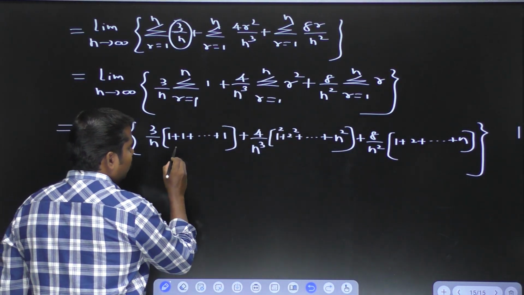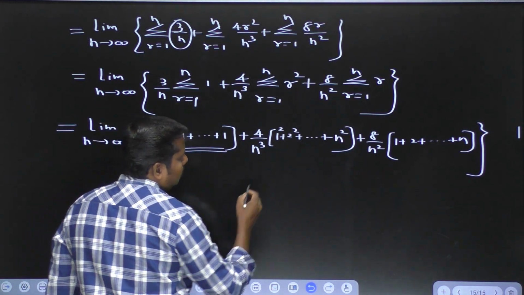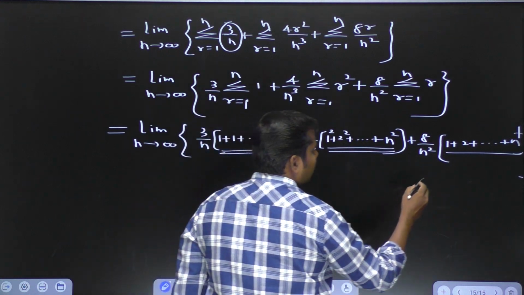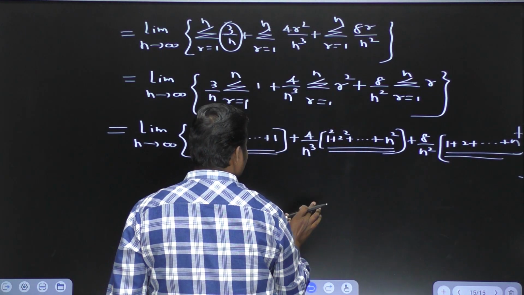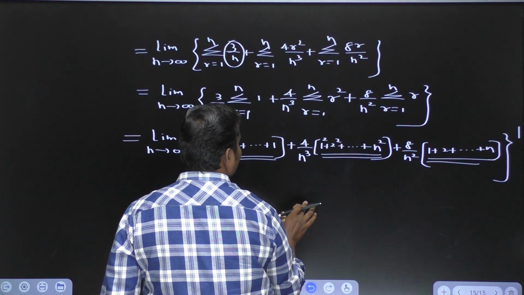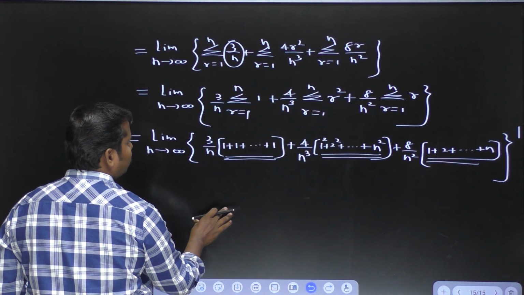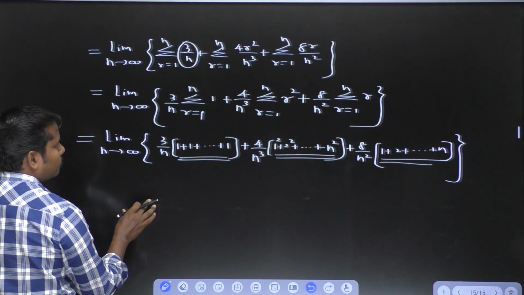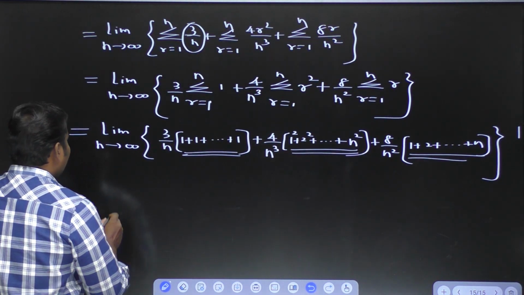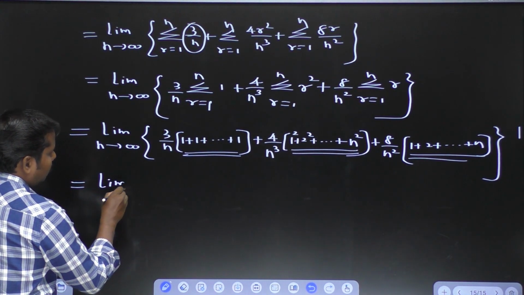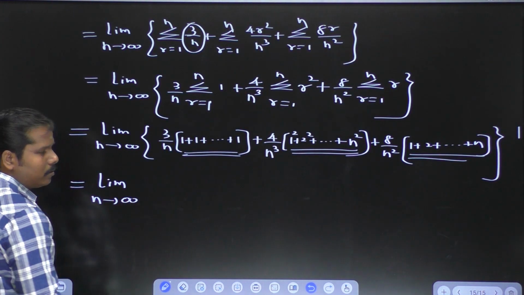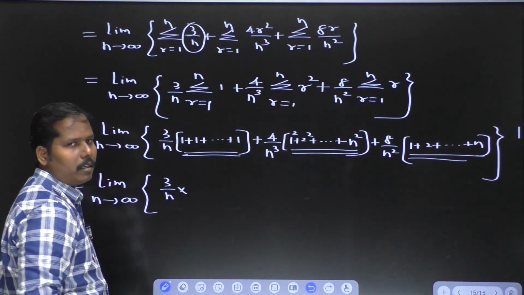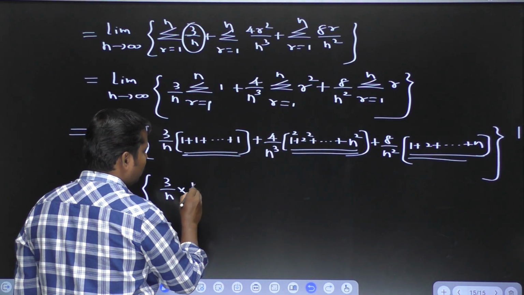Now you know the formula for all these expansions. This is n, you got the formula for this, and you got the formula for this as well. Okay students, and this is nothing but limit n tending to infinity into 3 by n. What is the answer for this? N. How many ones are there? N ones.